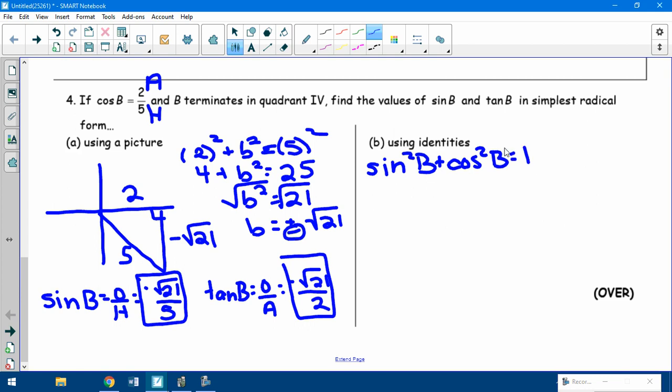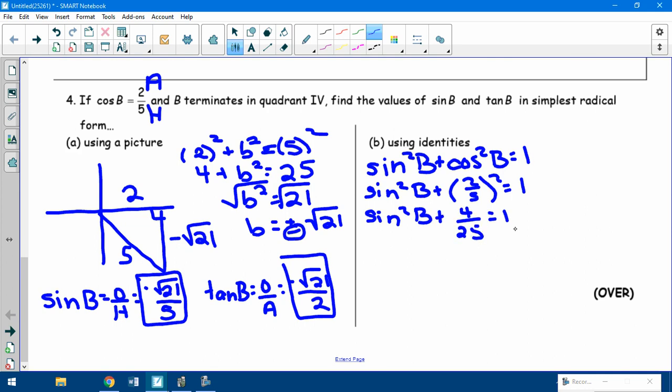Remember, it can be any angle inside as long as they're the same. Cosine's 2/5, so you should be showing me that sine squared b plus 2/5 squared equals 1, which means I have sine squared b plus, it becomes 4/25 equals 1.